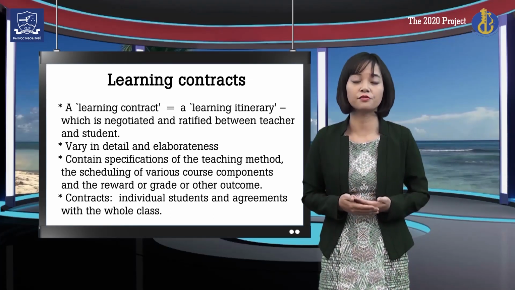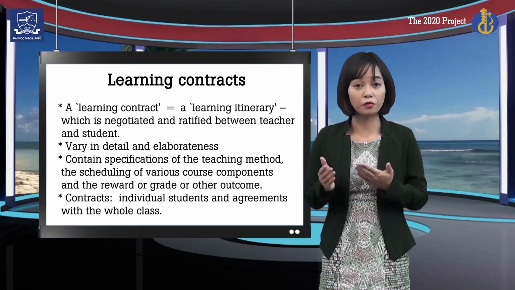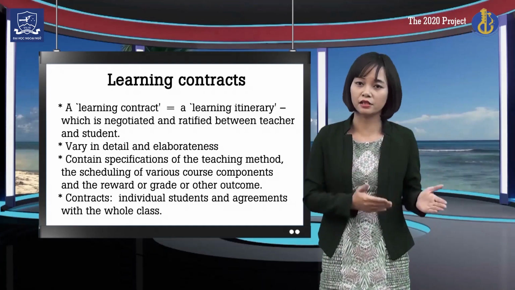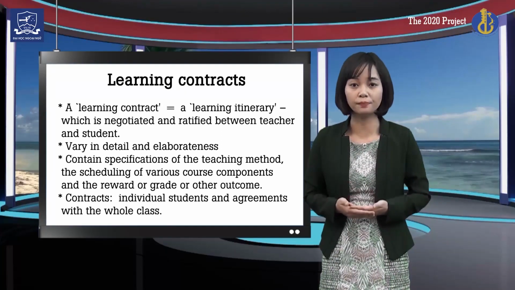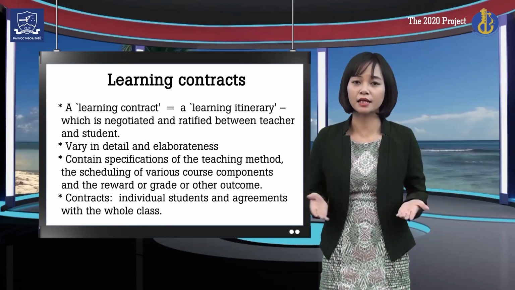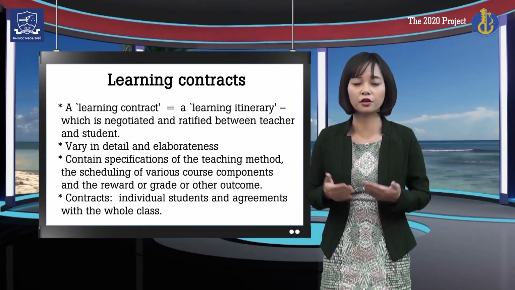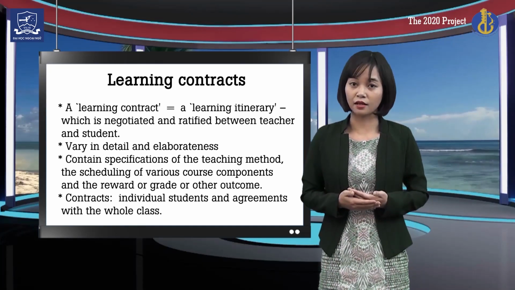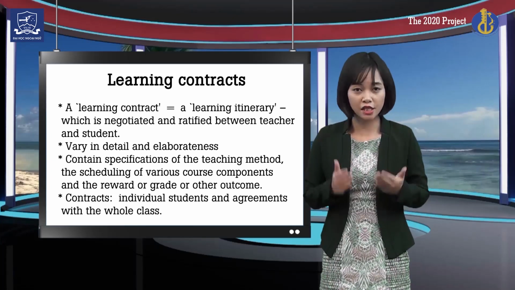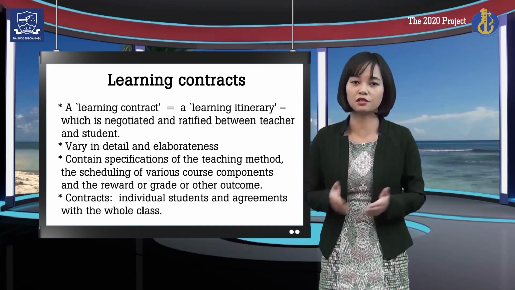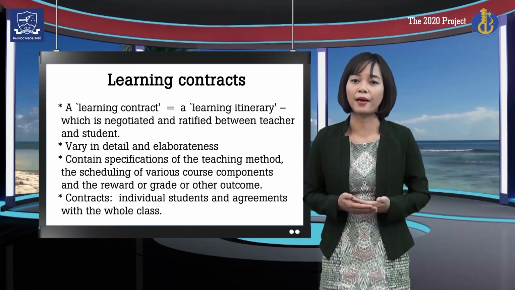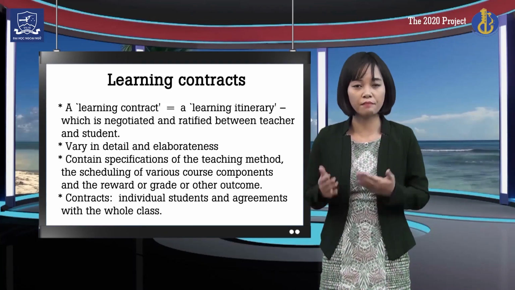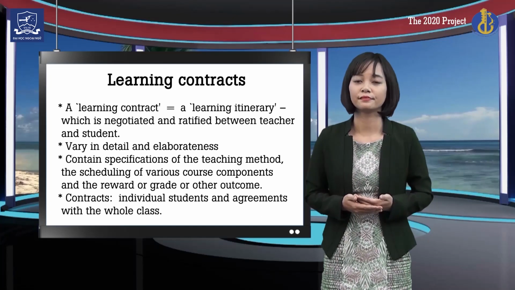Specific contracts could, for example, detail agreement about what is to be done from the beginning to the end of a project or during a term, or after completing a specific section of the curriculum or coursebook. Although this method is time-consuming, it does ensure active teacher-student negotiation about goal setting, and it formalizes students' commitment to goals.